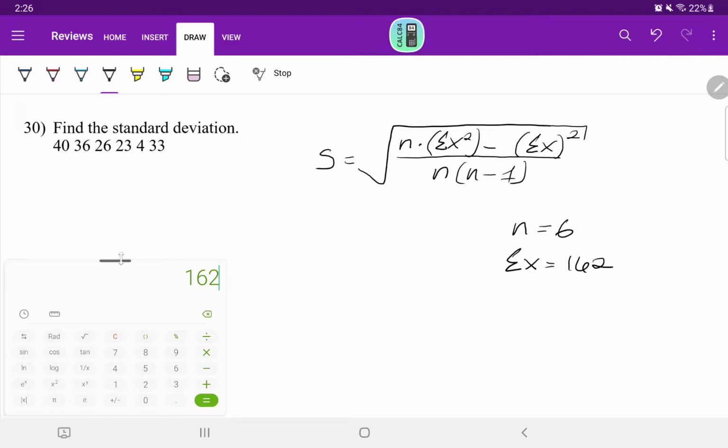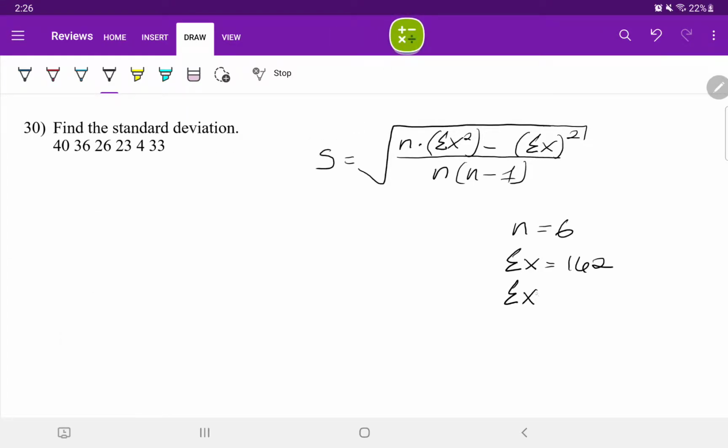Okay. And then we want to find the sum of the squares for your data. Now, do not square 162. You must follow order of operations. You are squaring the data values first, then you are adding them together.